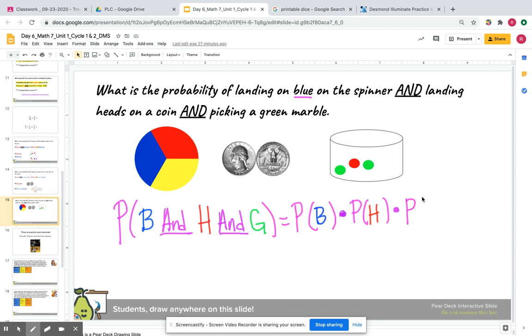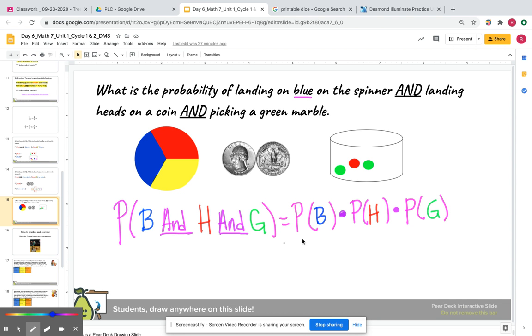So P, and we're going to encase the letter G because that's the probability we're looking for. We're looking for green. So we're going to multiply these probabilities together. So the probability of landing on blue, go ahead and write that down on your piece of paper and then check in with me.